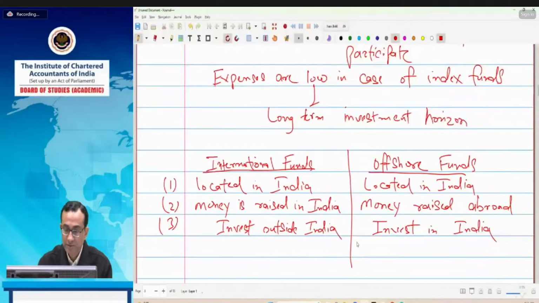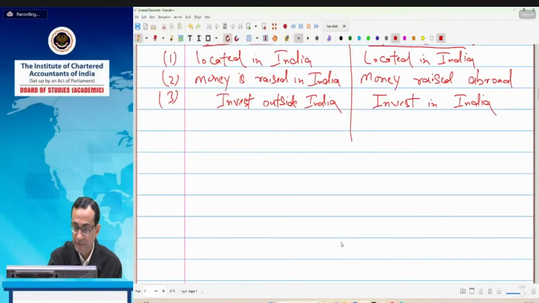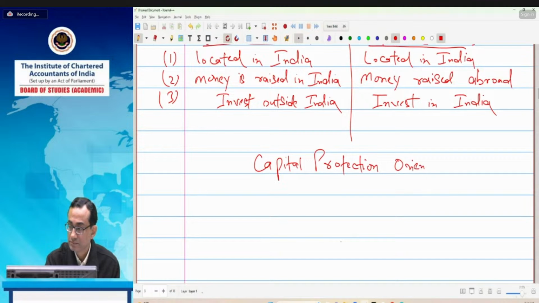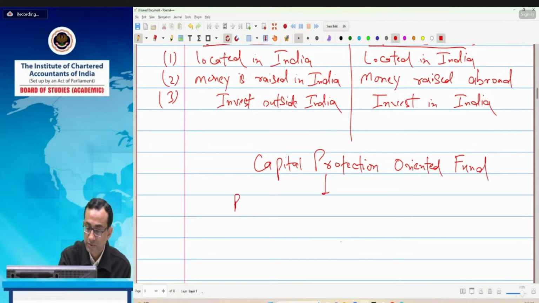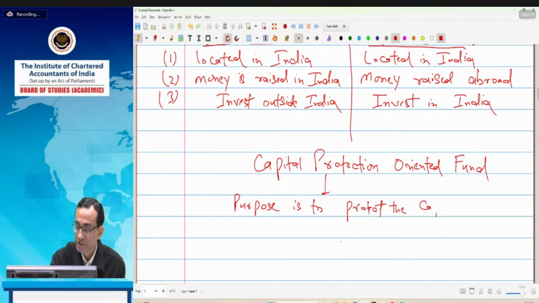So the purpose is to protect the capital, meaning whatever amount has been invested into the mutual fund.